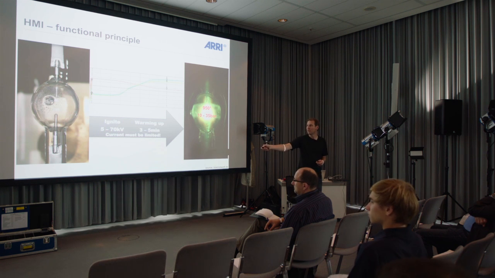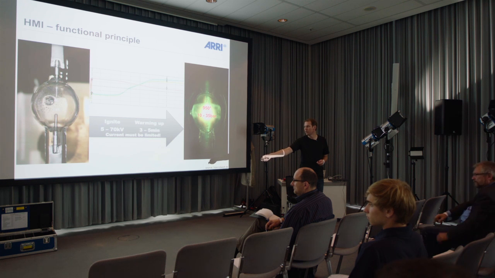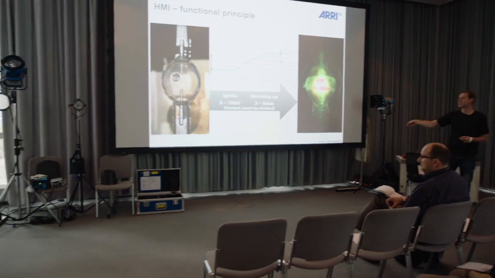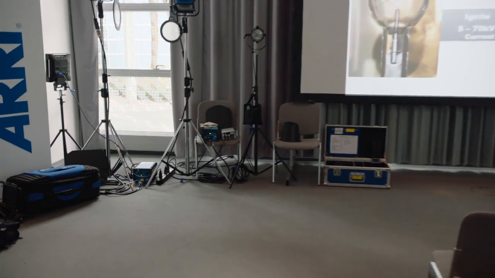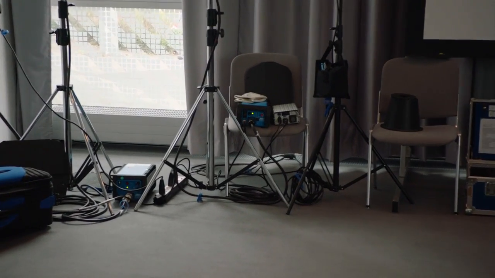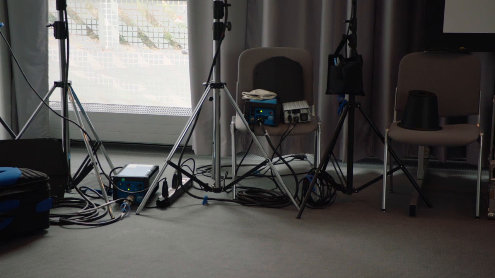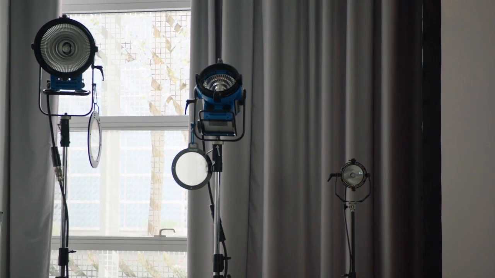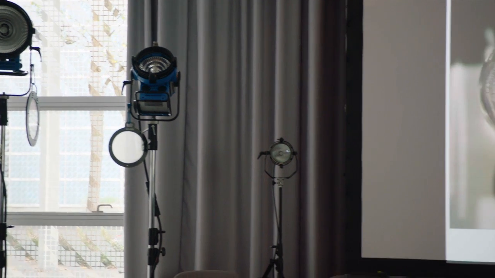To limit the current, we need ballasts. If you have a close look, all these fixtures have a ballast somewhere, these blue boxes, or here it's the silver box. This is necessary for every HMI around the world. There are different types of ballasts. These control the current. You can also use these ballasts, if they are modern ballasts, to dim the HMI a little bit.